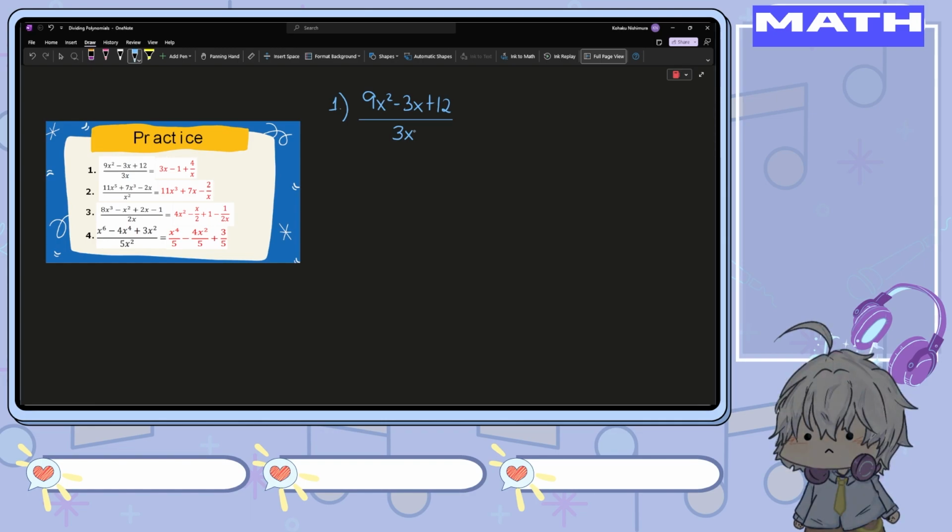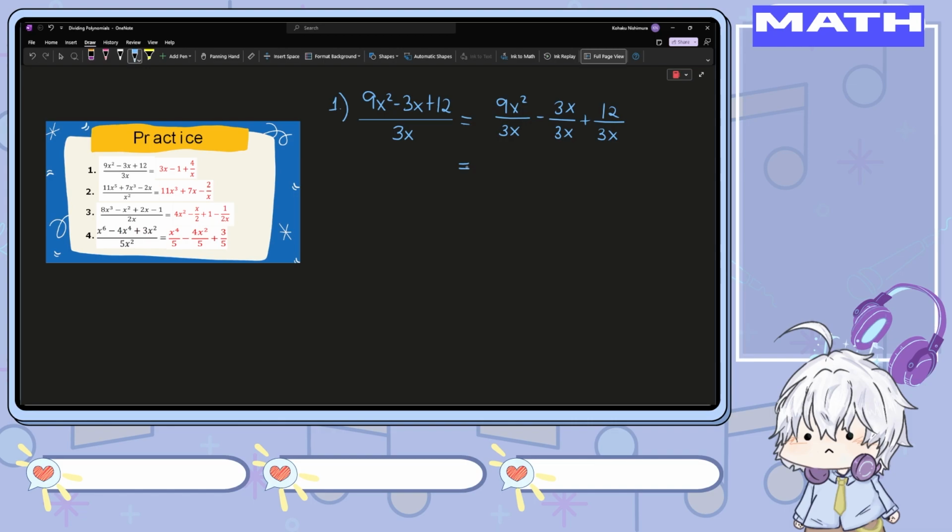Next, what I do with this, again, I divide them all by 3x. Thus applying 9x squared over 3x minus 3x over 3x plus 12 over 3x.